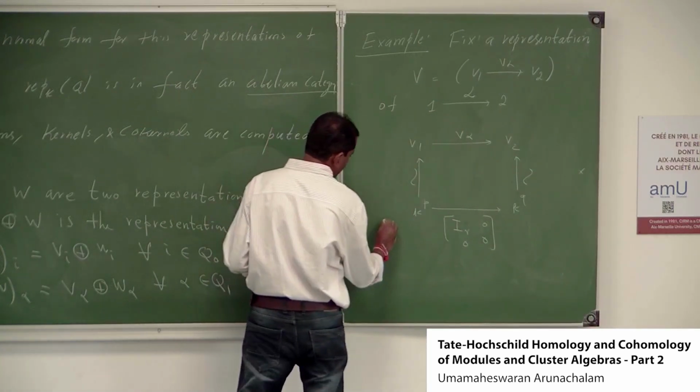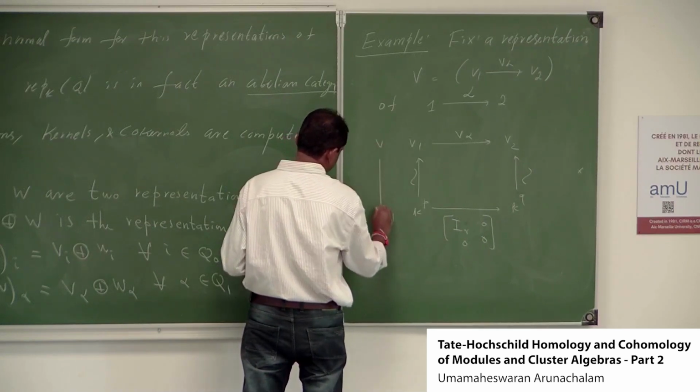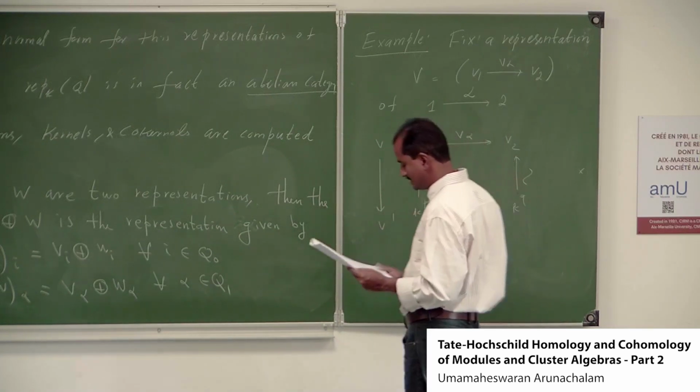So V1 into V dash, V into V dash, where R is the rank of this matrix.